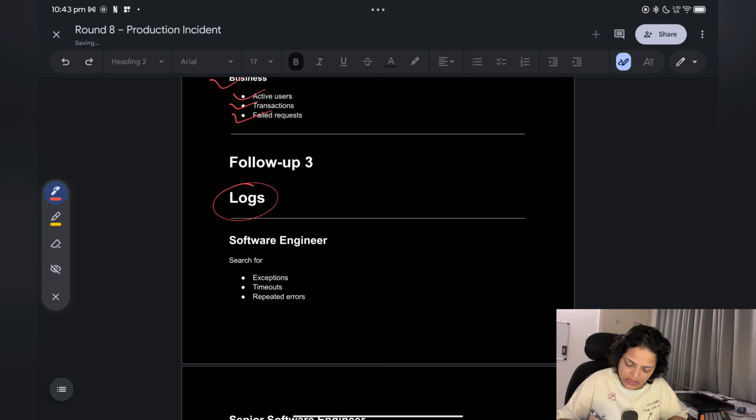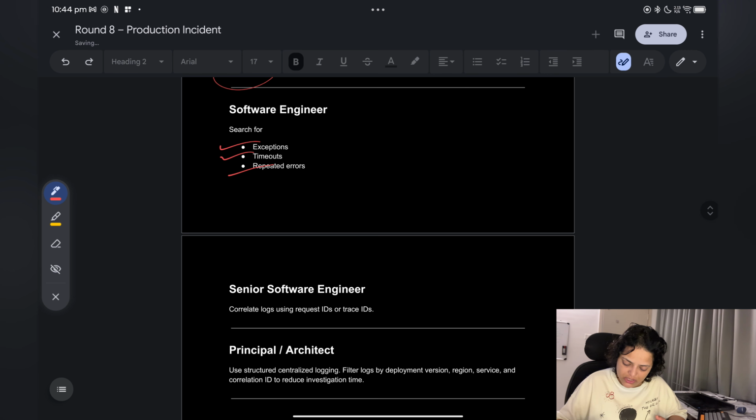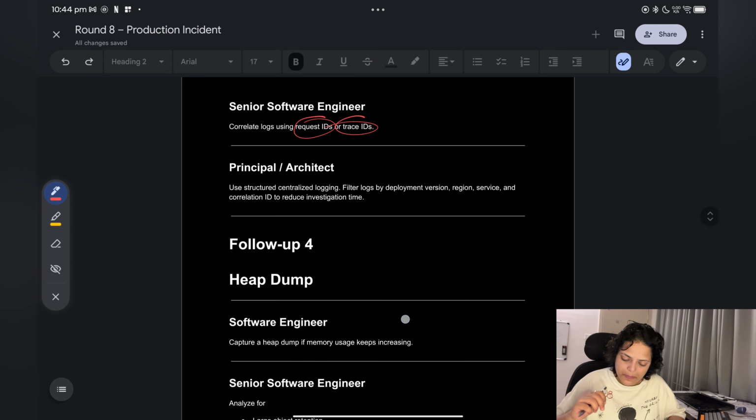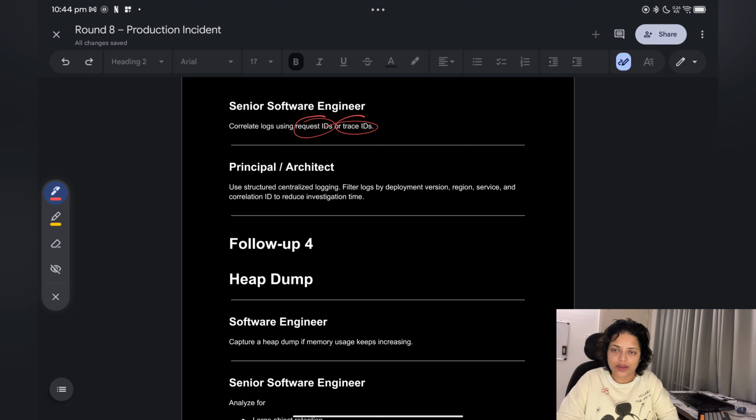A software engineer will search the logs for exceptions, timeouts, and repeated errors. A senior software engineer will correlate logs using request ID and trace ID. We know that trace ID and span ID are used in microservices to track the request and to find where the error is coming from, in which service.